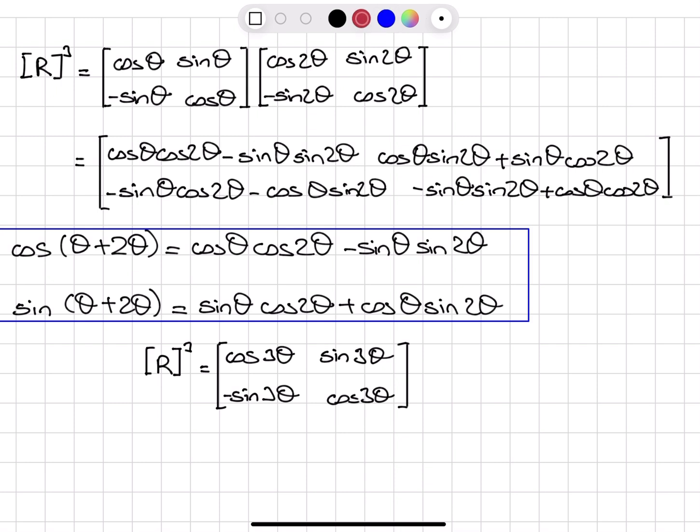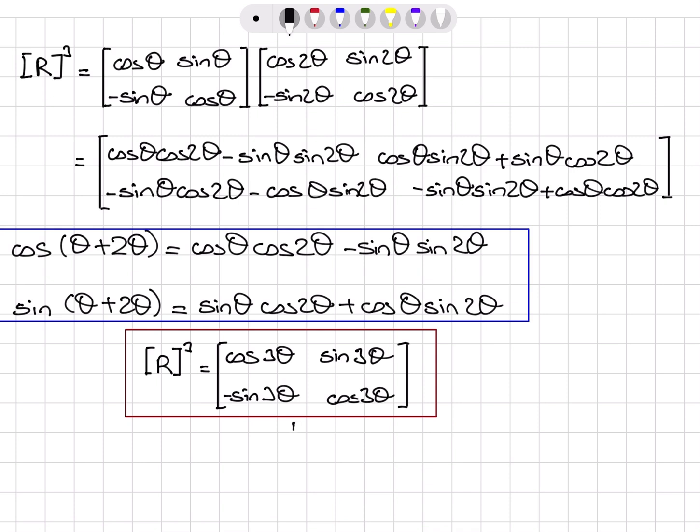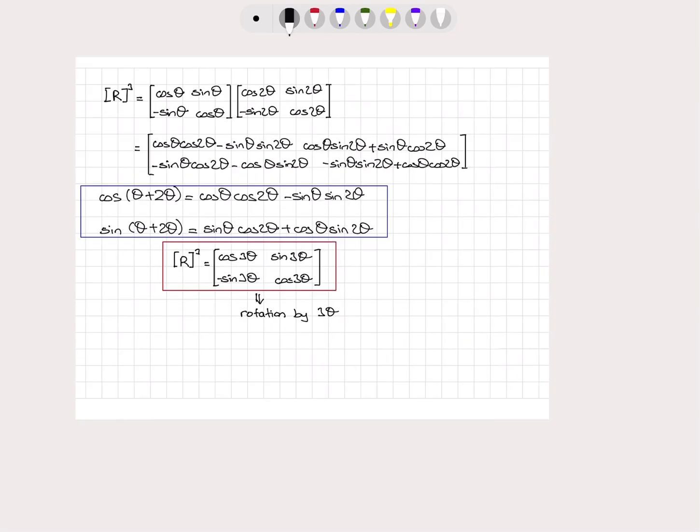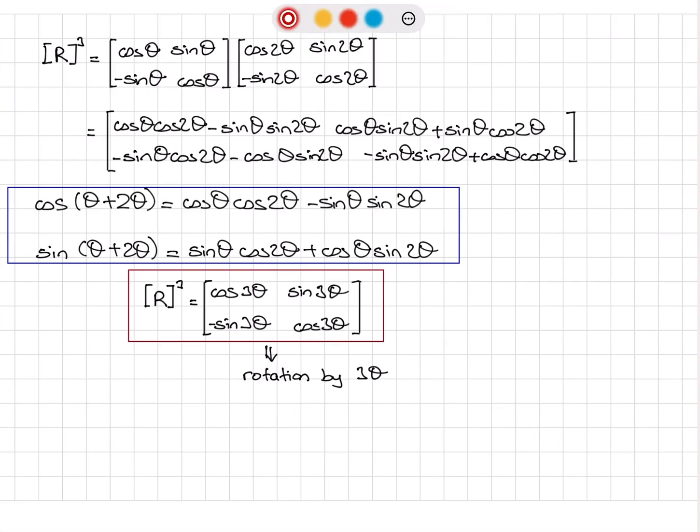And that's my answer for the cube of the rotation matrix, which I recognize as the rotation matrix with angle 3 theta instead of theta. So this corresponds to rotation by an angle of 3 theta, as suggested by the problem statement.